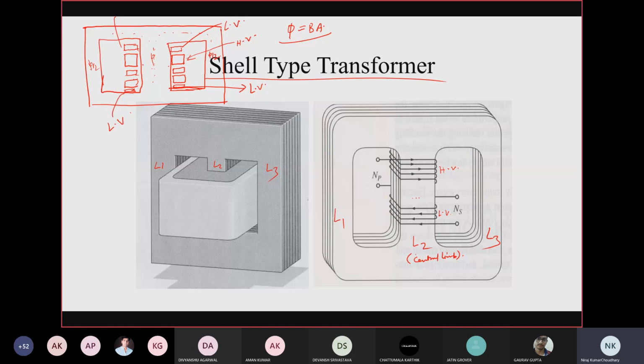Here you should note the bottom and top windings: this is the bottom winding, this is the top winding. So the bottom and the top low voltage coils are half the size of the other low voltage coils. The cross section of this will be, compared to the other low voltage coil, a little difficult to draw here.